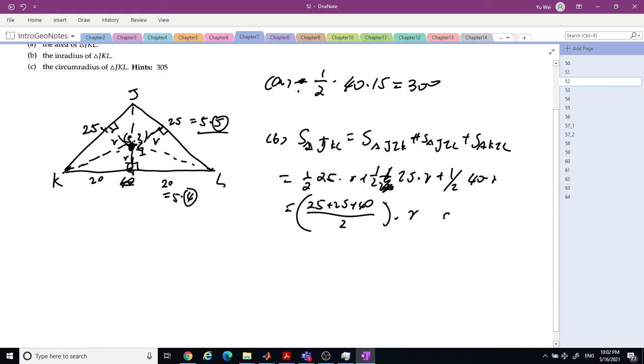And we already know this equals 300. Using this, we can solve r: 300 over 45 is equal to the inradius.